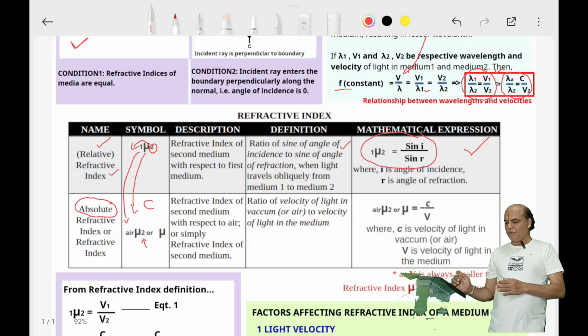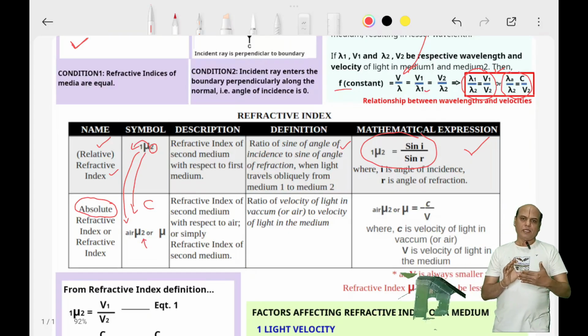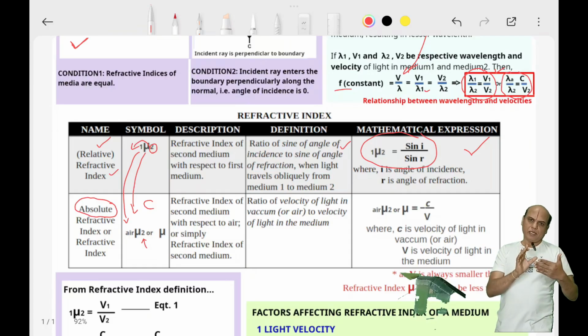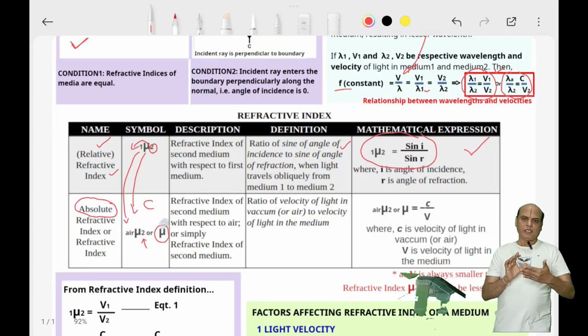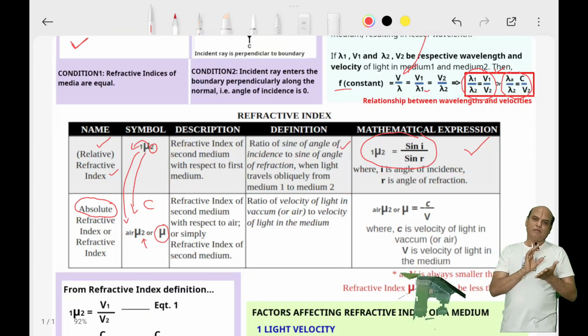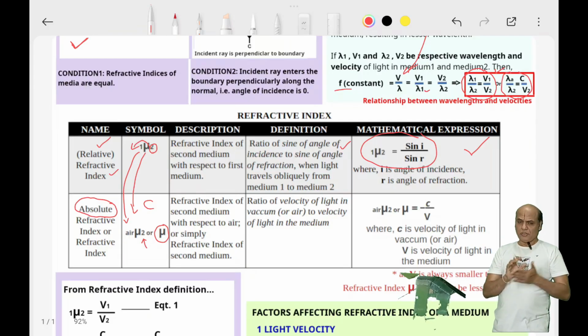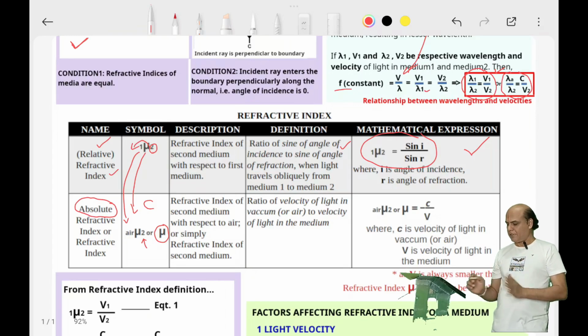So when you take vacuum or air as a benchmark and measure the refractive index of a medium with respect to it, you can simply write it as mu. And when I say mu of glass, that means the absolute refractive index of glass, when the first medium is vacuum or air.